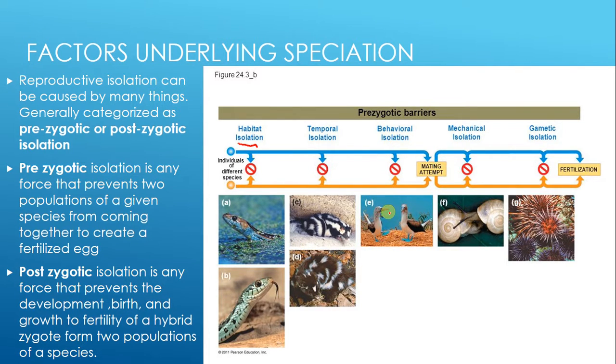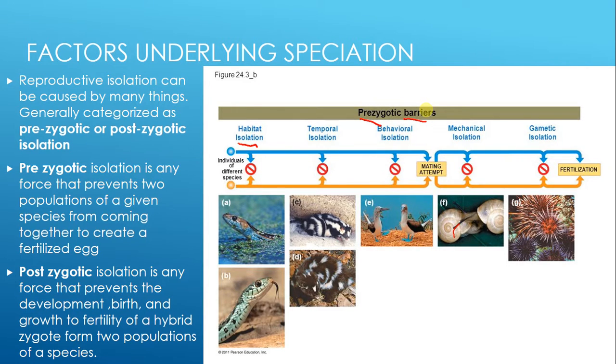Behavioral isolation, where something about their behavior separates them. Mechanical isolation, where there are physical barriers like mountain ranges, or shells for these snails. And then lastly, gametic isolation. All of these are prezygotic barriers that prevent two organisms of a given species from even coming into contact to mate.